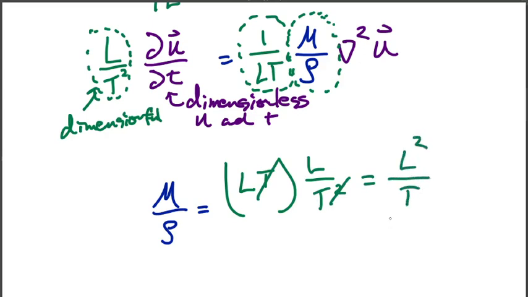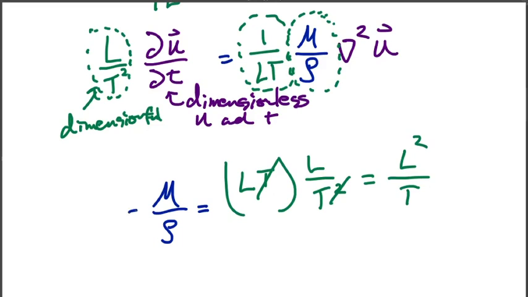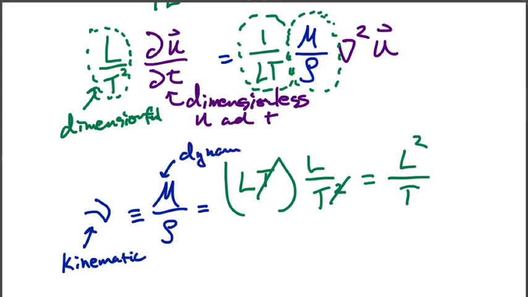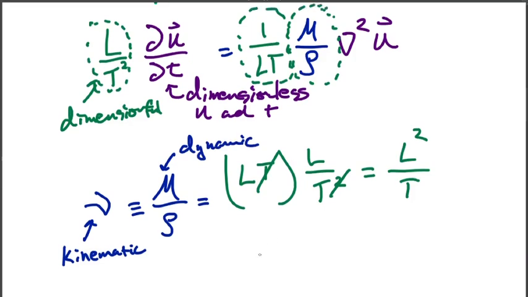This comes up often enough that we call this the kinematic viscosity, nu, the Greek letter nu, and it's related to the dynamic viscosity mu. The kinematic viscosity has units of length squared per time, and the dynamic viscosity has some other units.